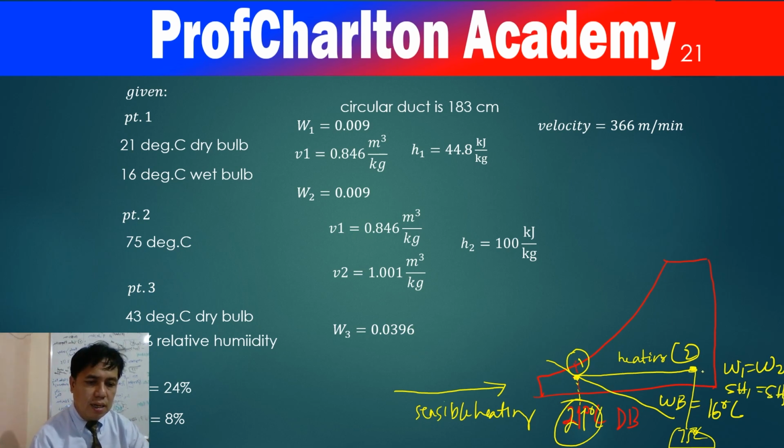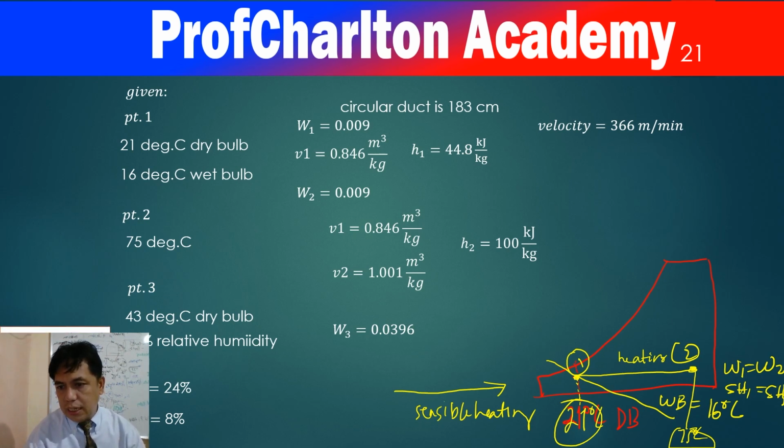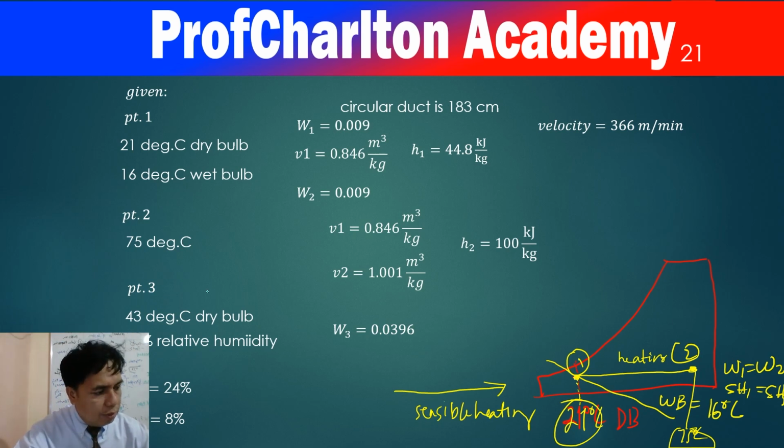That is one of the data that we can get. With this portion of the psychrometric chart, we can also get other parameters, like the enthalpy.